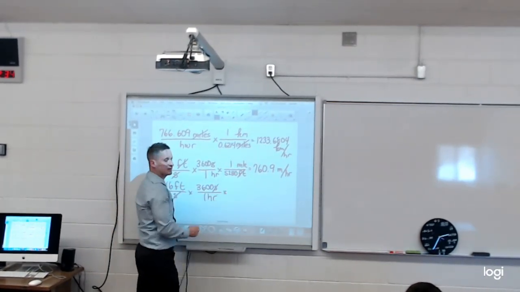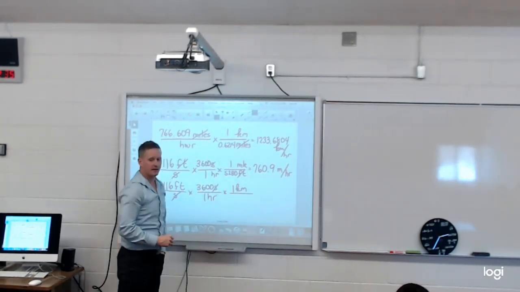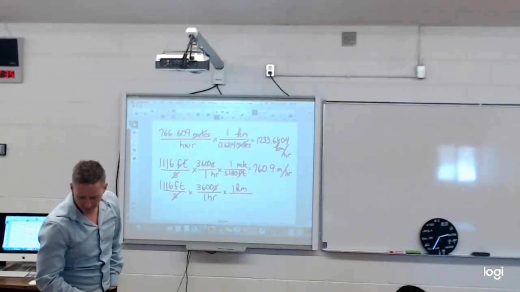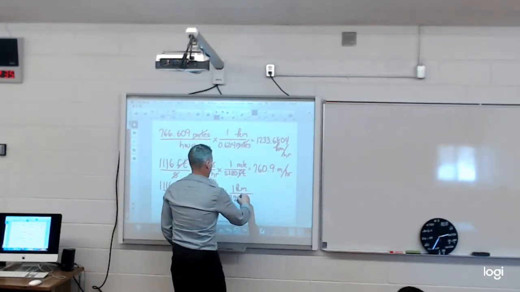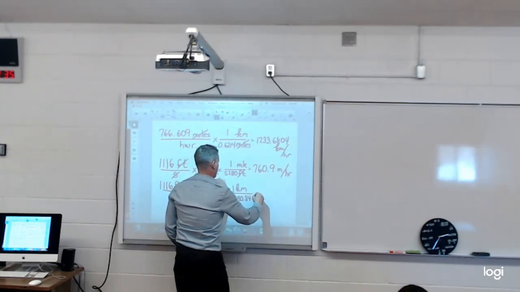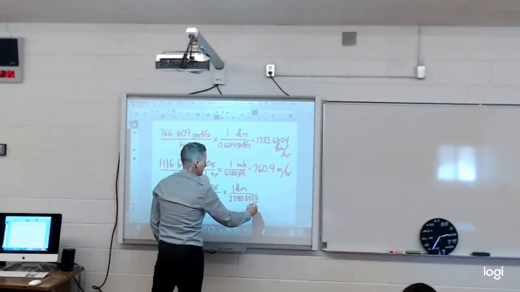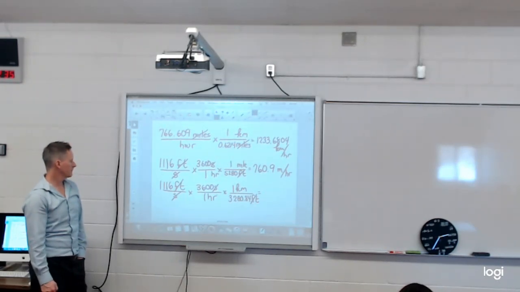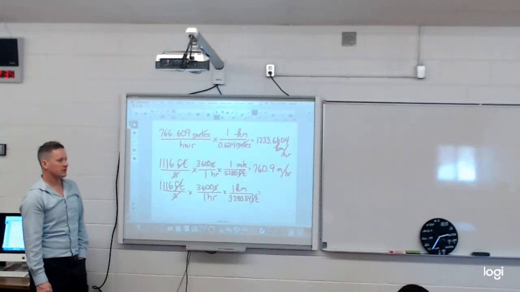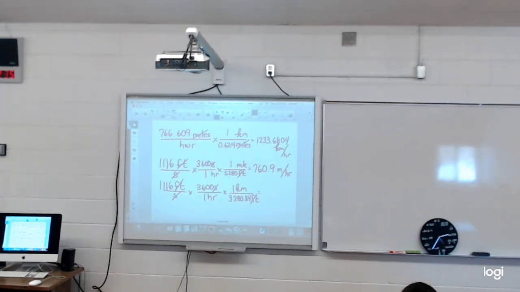Instead of using miles to feet, I'm going to use kilometers to feet. And how many feet were in 1 kilometer? 3,280.84 feet. All right. Okay. So now 1,116 times 3,600 divided by 3,280.84.